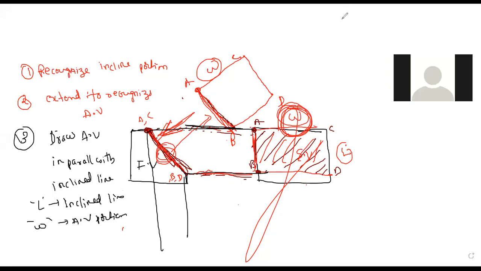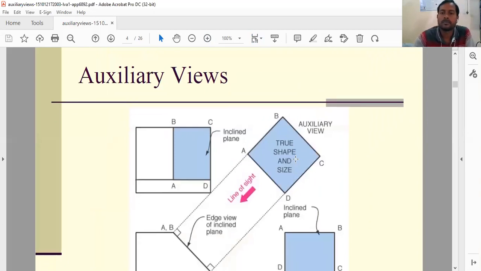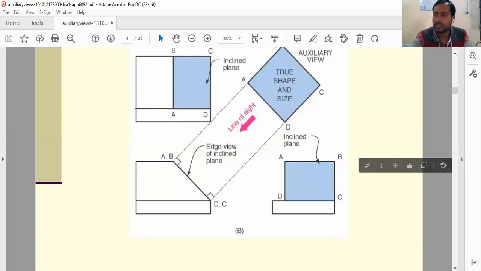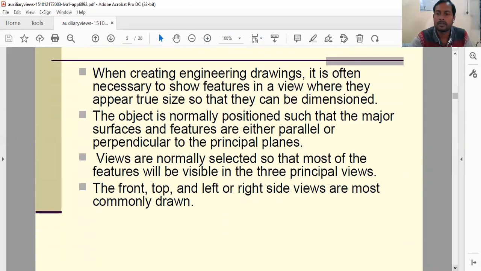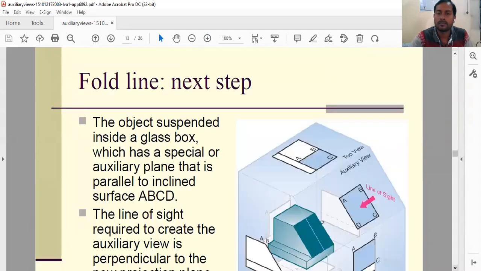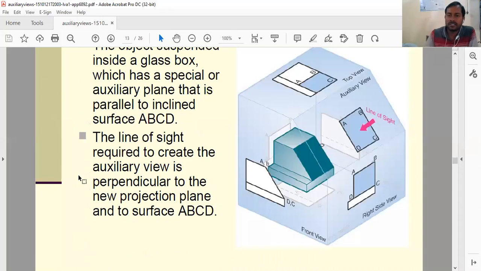Yes, sir. Okay, let us see another example so that you can understand better. Okay, look at this.